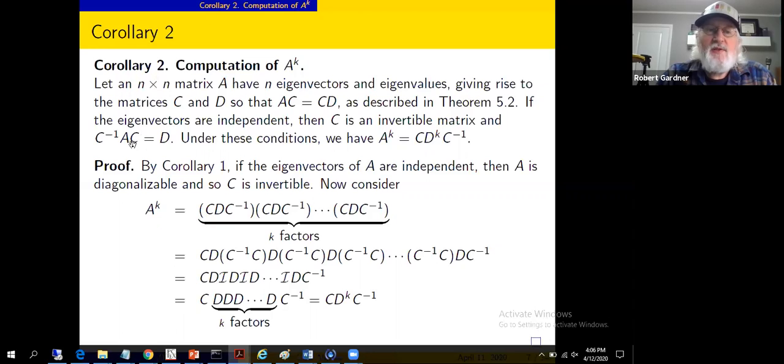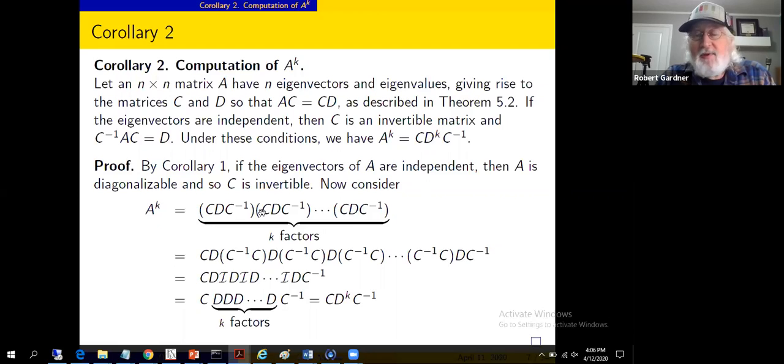So we're solving this equation for A instead of D, and we'll get A equals C D C inverse. So if we want to raise A to a power, that's the same as raising C D C inverse to that power. A to the k is C D C inverse, C D C inverse, and so forth, k times.